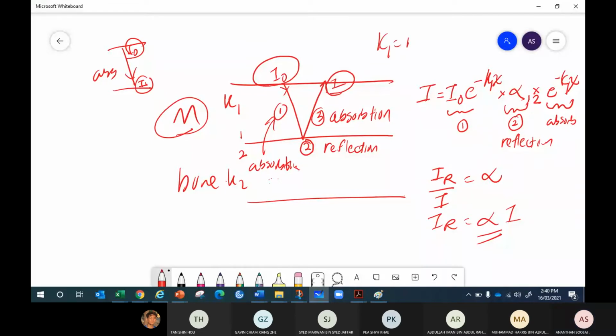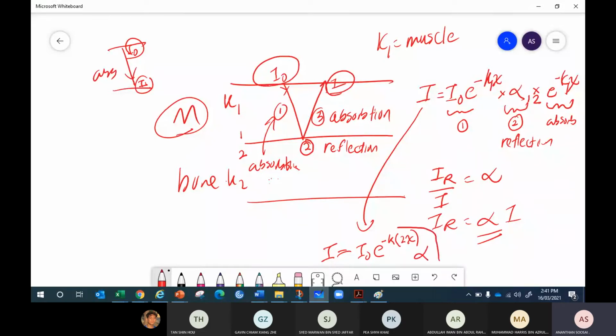Absorption coefficient of muscle. That's it. The final intensity is I equals I naught, the original intensity, e negative Kx, we can write as e negative K 2x, two times, then times alpha. This is the formula used.